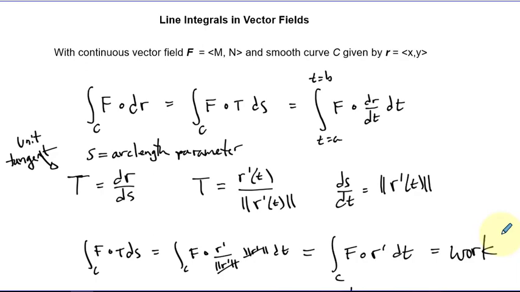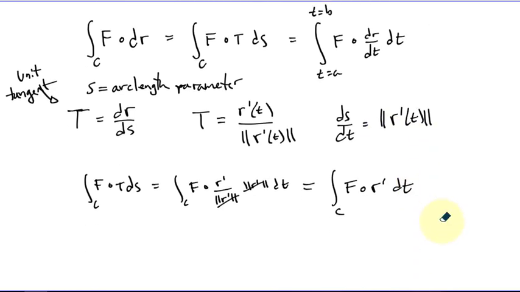So that's what we're getting here with this Calc 3 notation: the total work done by the force F on a particle that follows the path r that's parameterized with the parameter t. There's a lot of work just to say it. Yeah, it's not trivial.